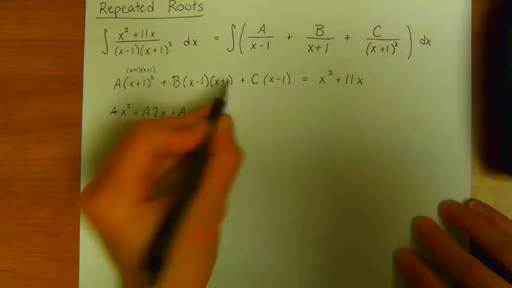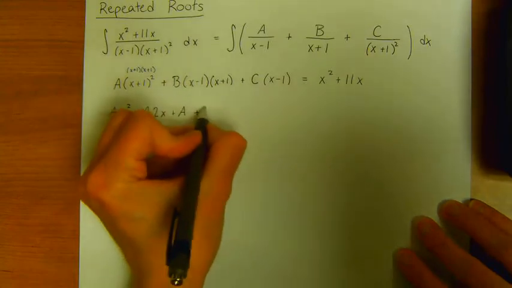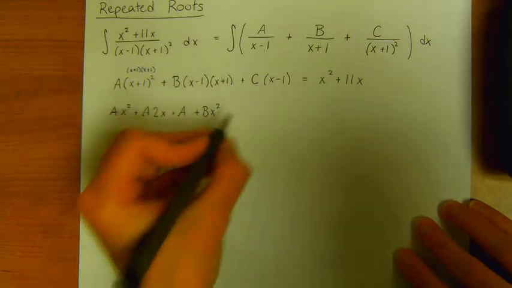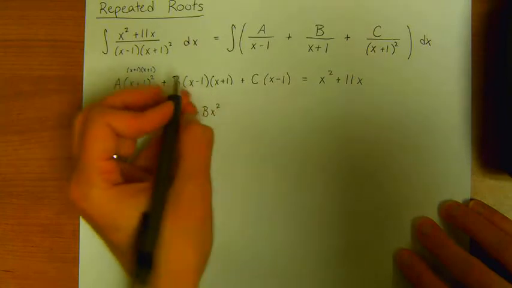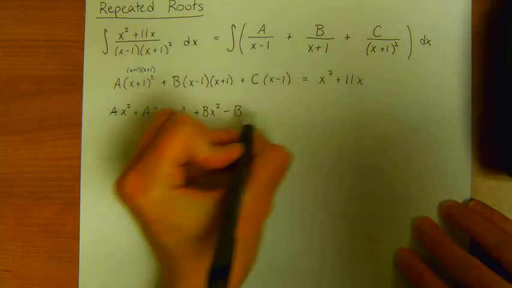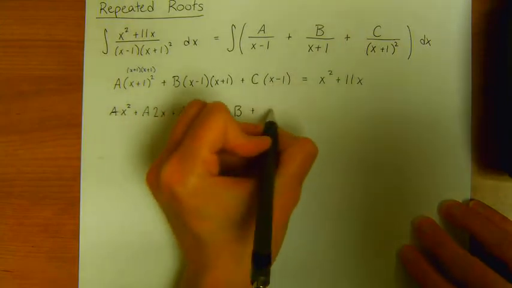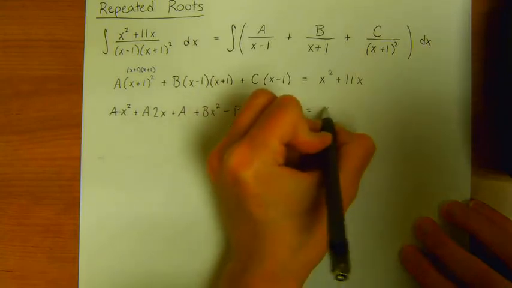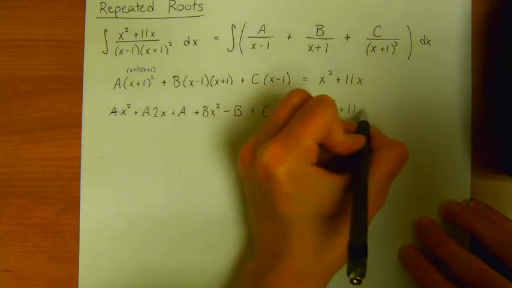Moving on to this, I get bx squared minus x plus x cancels the middle terms, and then I have minus b. And finally, I get an easy one: I get cx minus c. It's all equal to x squared plus 11x.